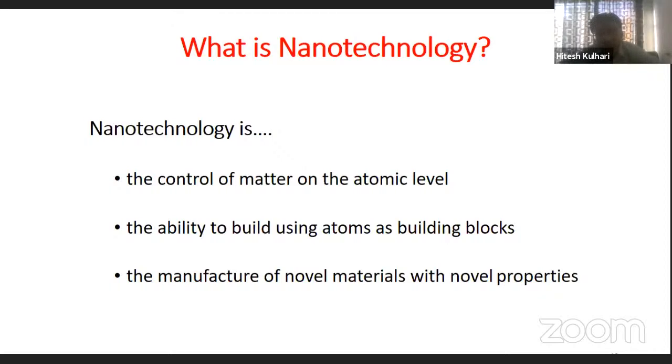The same material in millimeter size and in nano form will have totally different properties, and because of that we say those are novel materials.